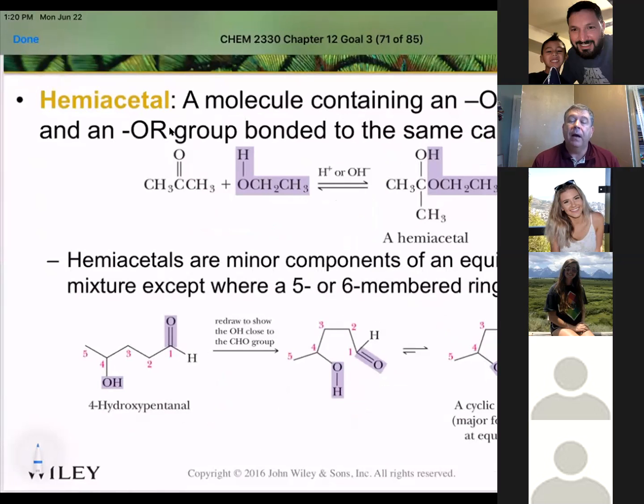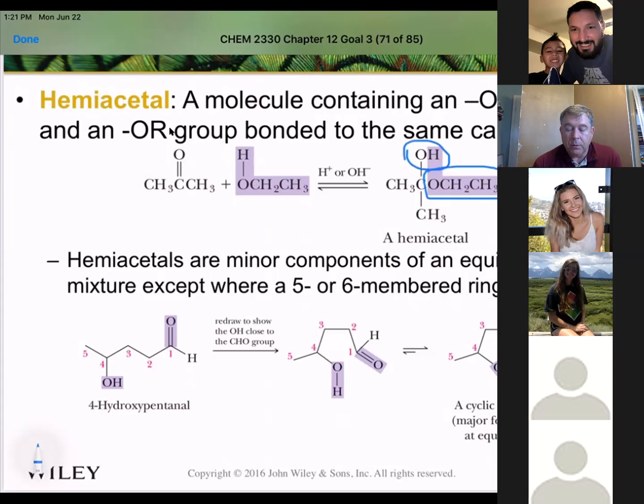Okay, but if you react it with a molecule containing an OH group, for example, an alcohol, you end up getting what we call a hemiacetal. So it used to be a ketone or an aldehyde, and then it reacts to form a protonated species that has an OH and an ether group on it.